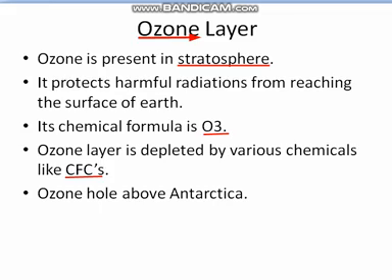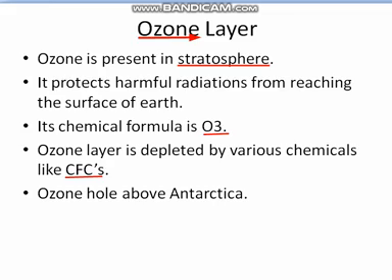So these CFCs convert this ozone, that's O3, into diatomic form, that's O2. And O2 does not have the property by which it can protect us from the harmful UV rays. So with the increase in the concentration of these CFCs in the atmosphere, the concentration of ozone decreases.